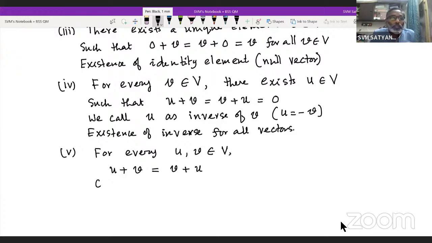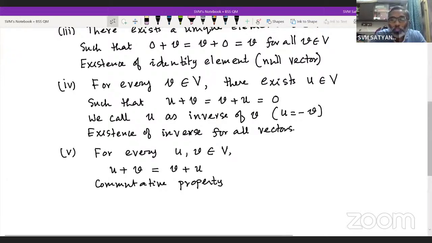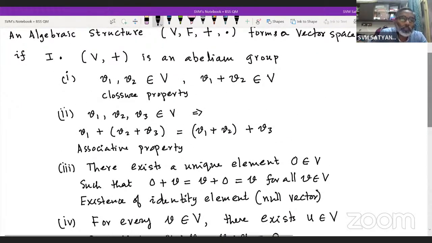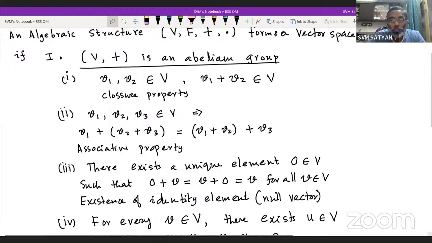So this is called the commutative property. Any set with a binary operation that satisfies up to 4, we call a group, and including 5, we call an abelian group. So the first set of conditions is that V with plus is an abelian group. The set of vectors is an abelian group.